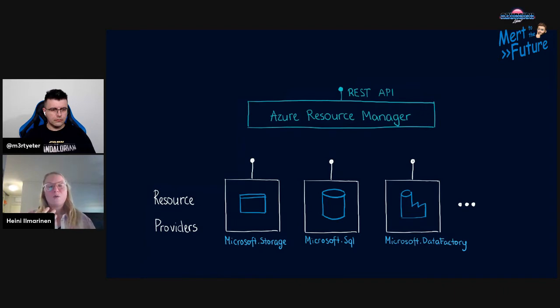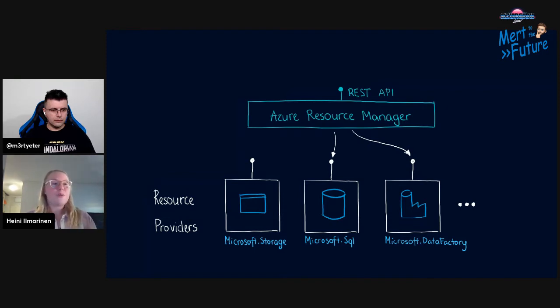And then whatever you're asking gets routed to the backend resource providers in the right order. So for example, if you're using the portal and you click create, let's keep the virtual machine example in here, it would go to the different providers to create the storage, to create the networking, and to finally create the compute itself. So the resource manager takes care of how those actions go behind the scenes.